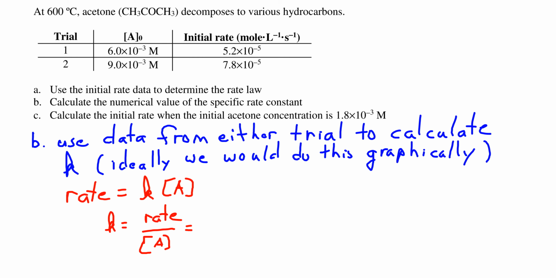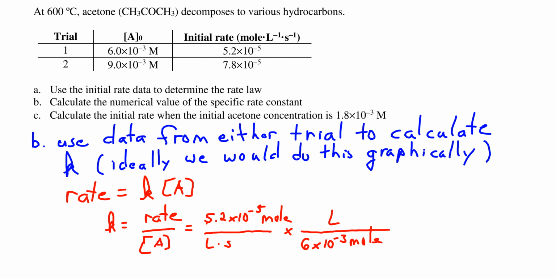All right, from the rate law that we've determined in part A, we have the rate is equal to K times the acetone concentration raised to the first power. We can solve for K and again use the data from either of these trials to calculate the numerical value. All right, I chose to use trial A, so here we have the problem set up.